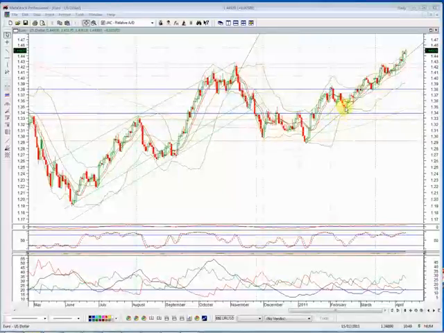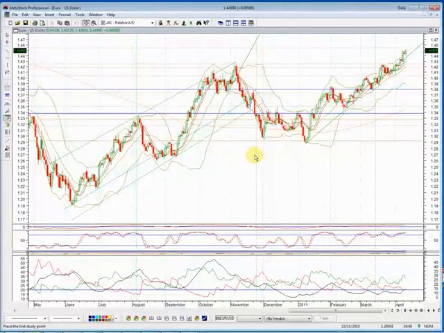However, the uptrend is quite strong, and I would like to show you one of the techniques available to project future prices and to see how far you can extend a trade.